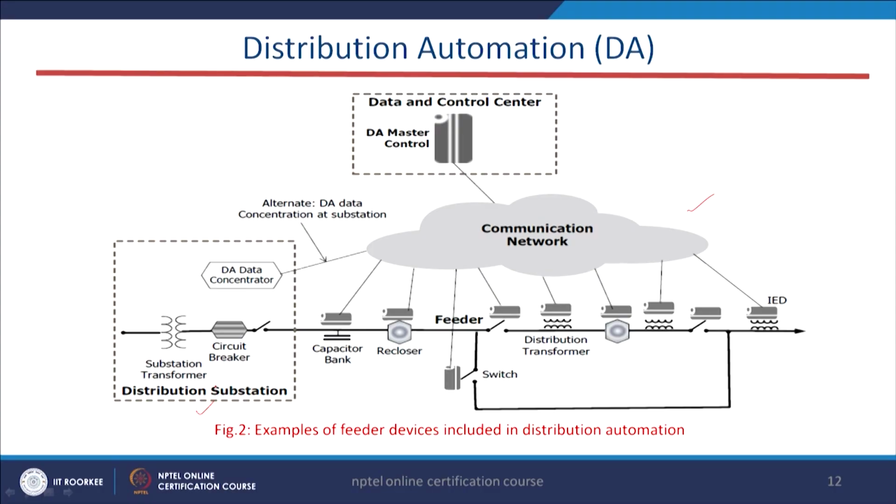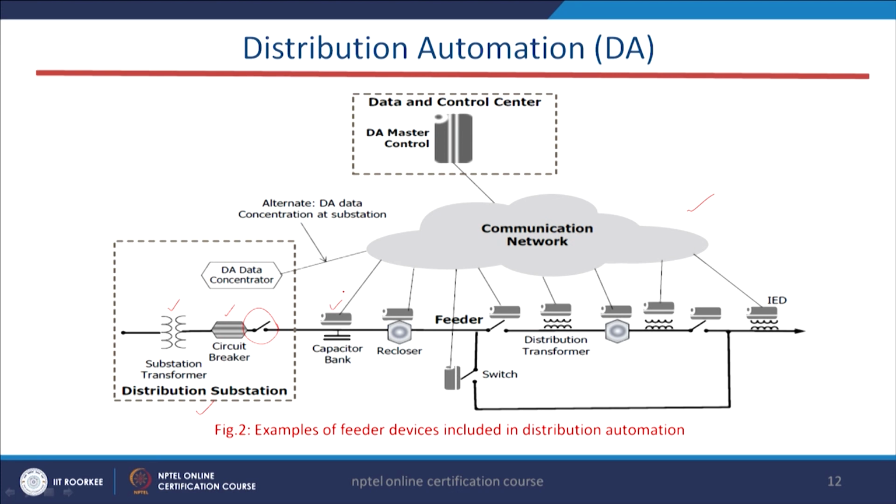This is the architecture or the layout of the distribution automation system. Here you could see this is my distribution substation, and this is our transformer, this is the circuit breaker, and this is one switch, and we have the capacitor bank.